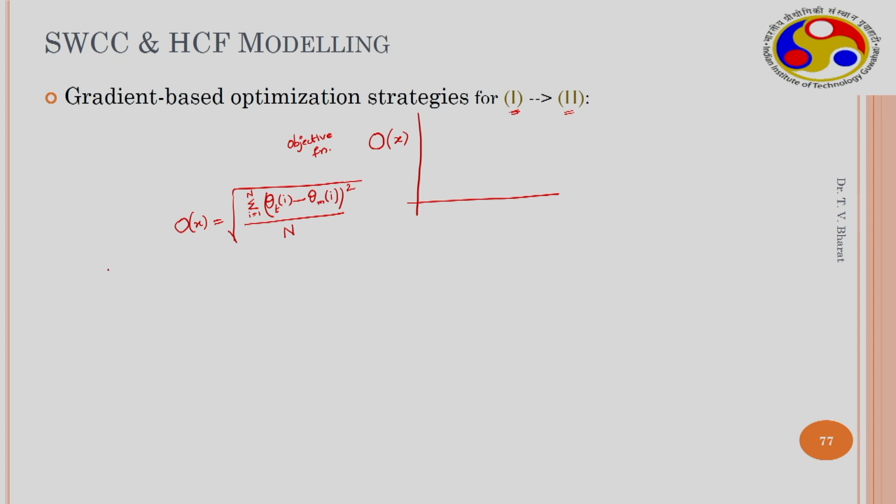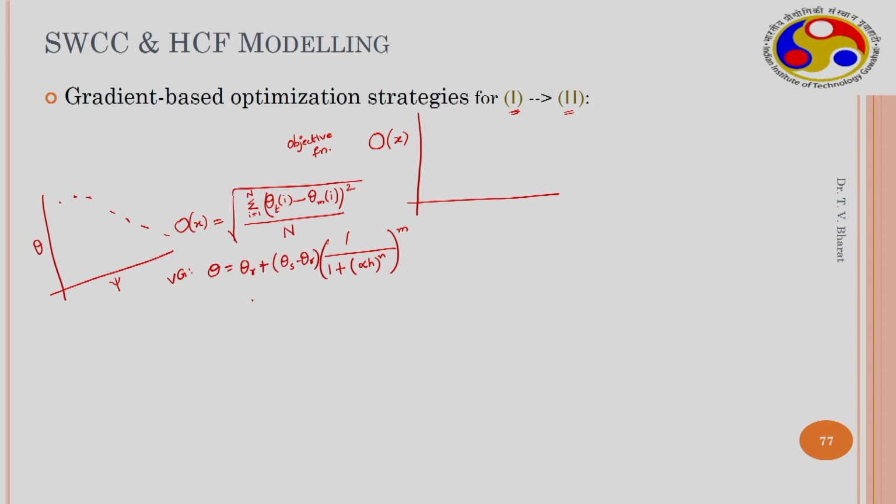Essentially, when you have SWCC data like this, with theta on the y axis and psi on the x axis, for different values of psi you have n data points. For the corresponding n data points, you can assume one particular VG model, which may be θ equals θr plus (θs minus θr) times 1 over (1 plus (αh) to the power n) whole power m.